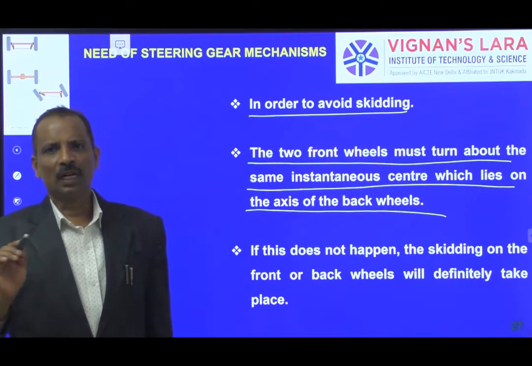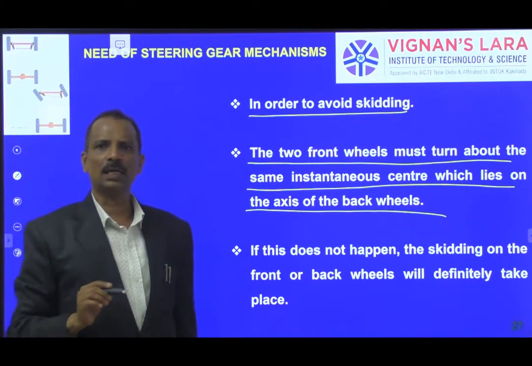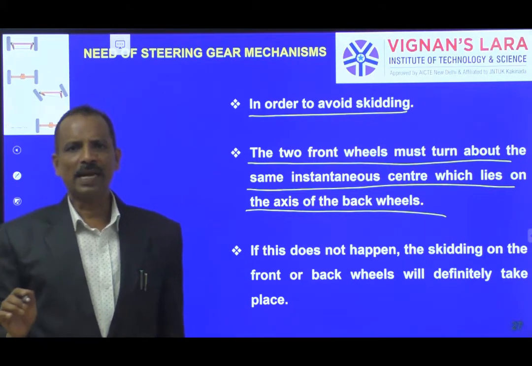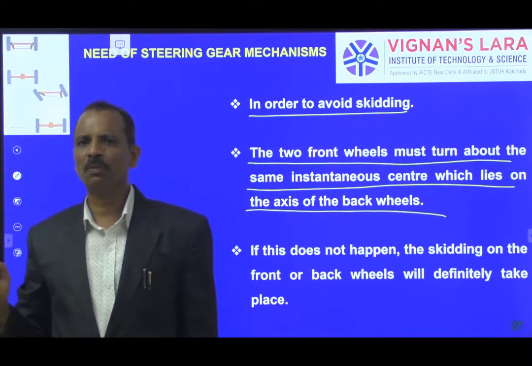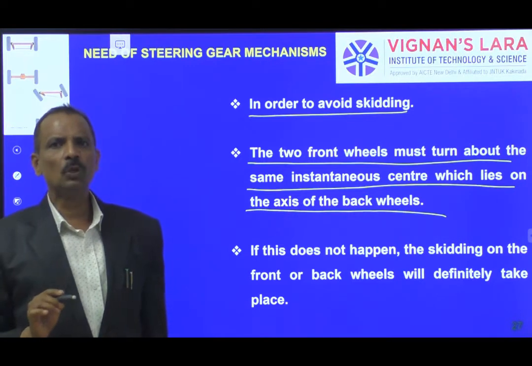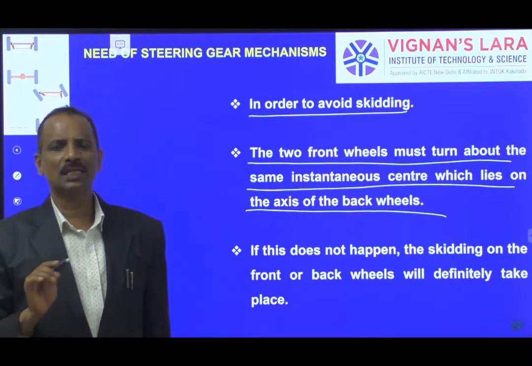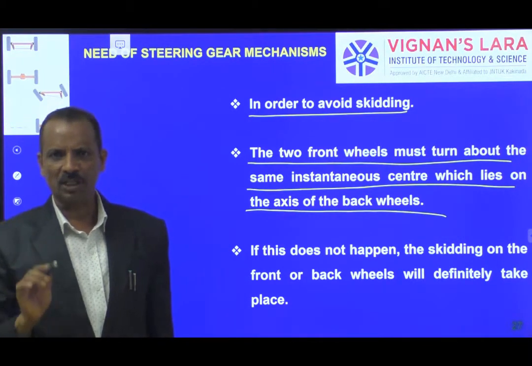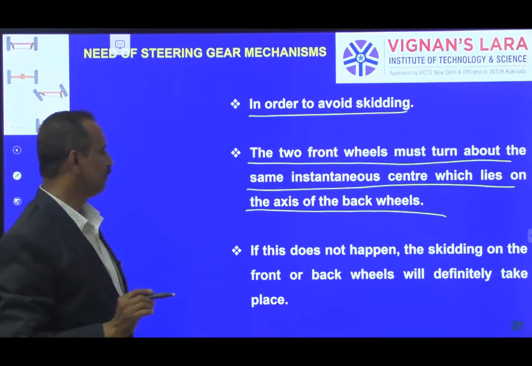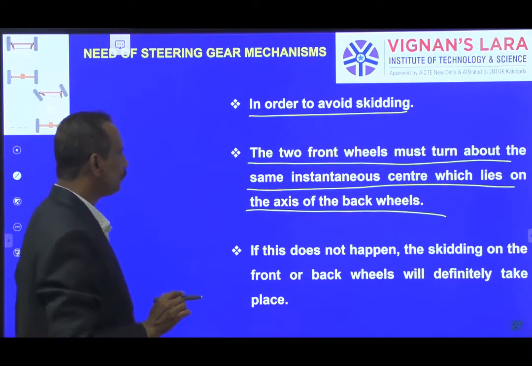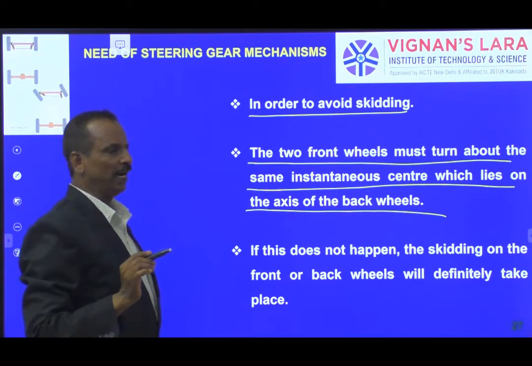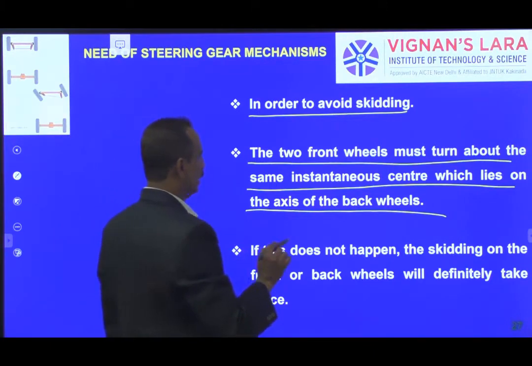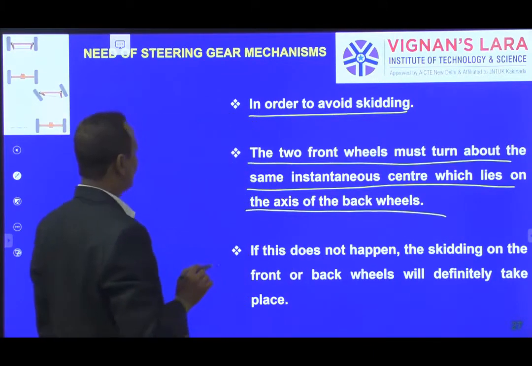Okay, we will discuss this instantaneous center separately in the third unit in detail, and at this moment I will give you an idea about what is instantaneous center in a nutshell, not in a very detailed fashion, but what it requires here is the two front wheels must turn about the same instantaneous center which lies on the axle of the back wheels.